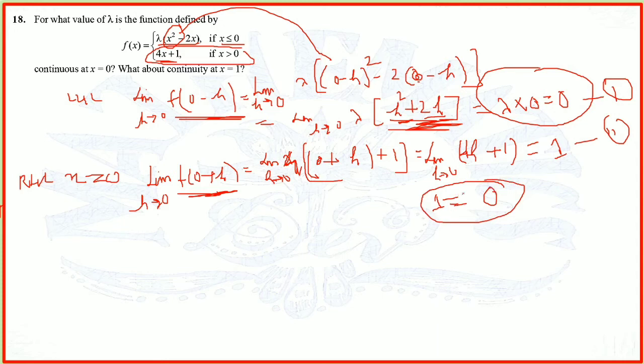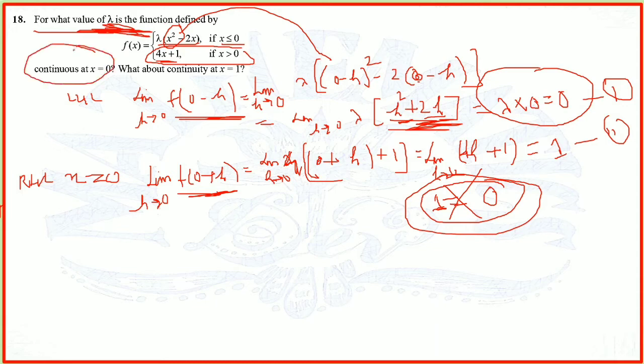So what does this wrong statement mean? What can we conclude from it? Because this is mathematically impossible. 1 cannot be equal to 0. 0 is nothing and 1 is something. So this statement means there will be no value of lambda for which this function is continuous.